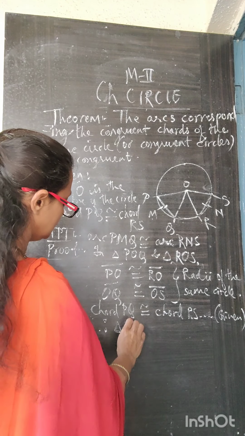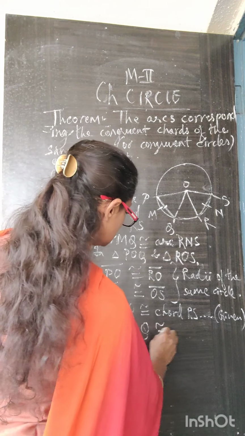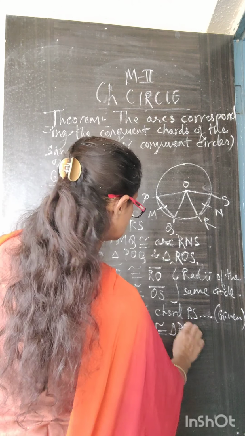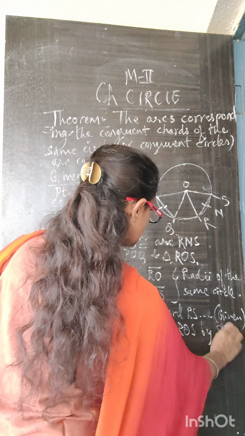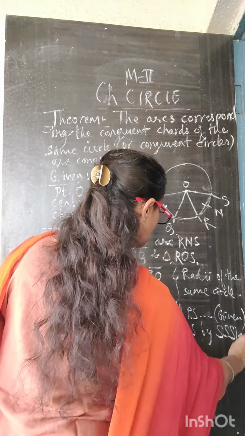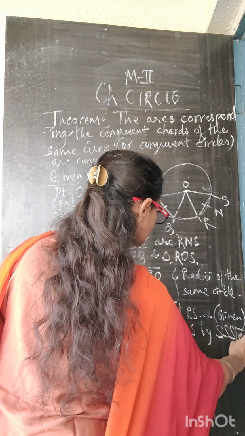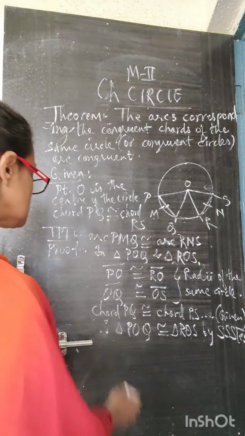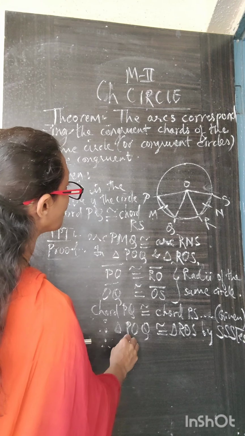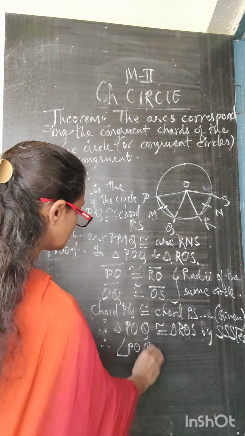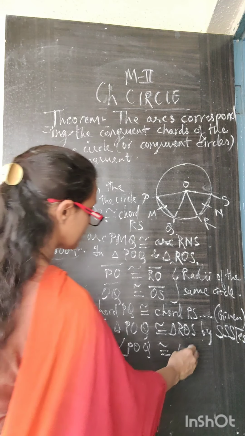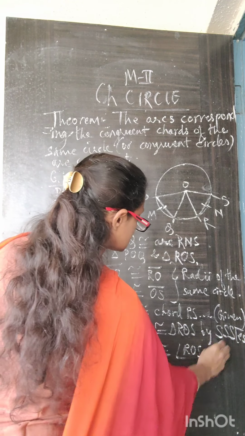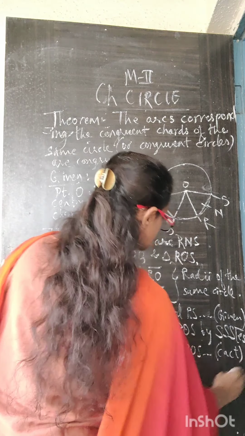Therefore, triangle POQ is congruent to triangle ROS by the SSS test of congruent triangles. And therefore, which angle is congruent? Angle POQ is congruent to angle ROS. The reason: corresponding angles of congruent triangles.